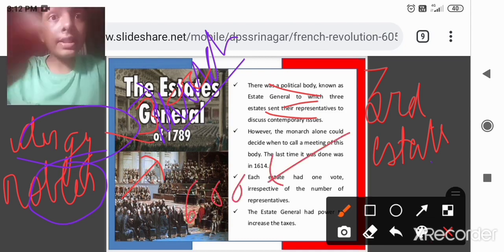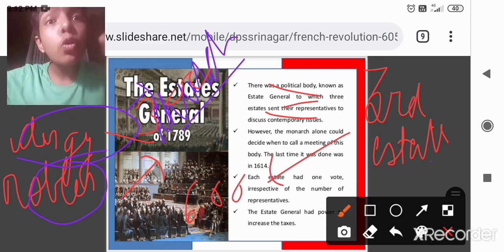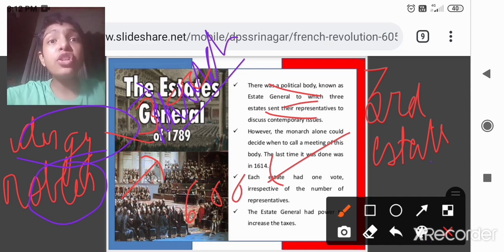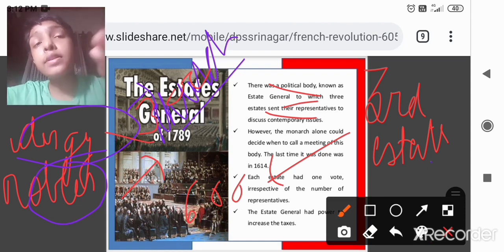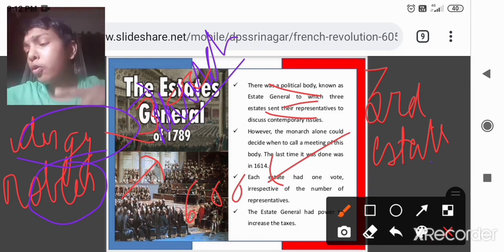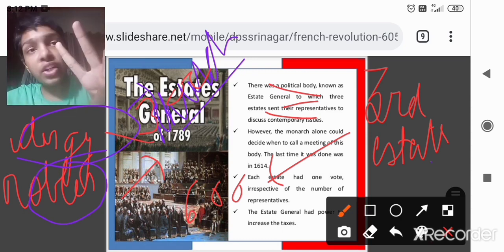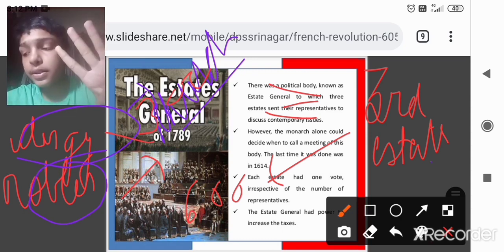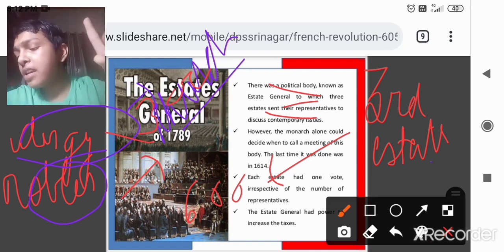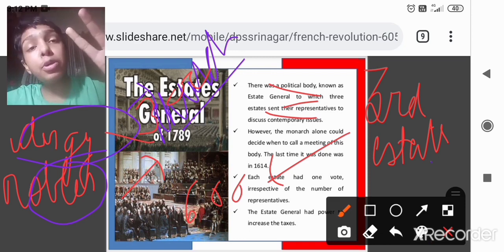Now see, you will think that it's all right, it's democratic, but no, it's not democratic. Look, the population of clergy and nobles is very small, right? Clergy, basically the people of the church. So 300 people are going from their side. Nobles, the high caste people, how many are there? 300. Only 2 castes. Now how many people are in the third estate? There are big businessmen, merchants, court officials, lawyers, peasants, artisans, small peasants, landless laborers, and servants.